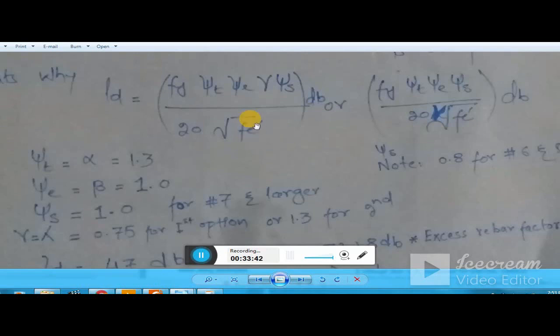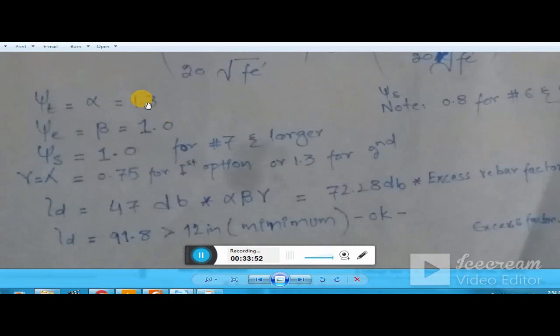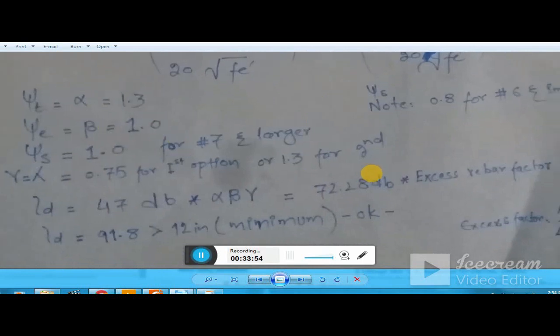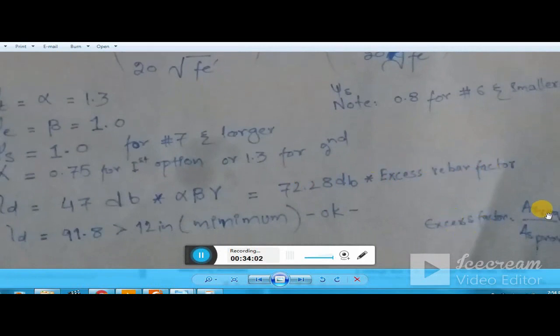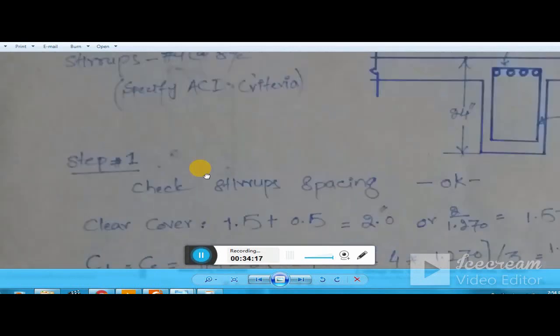Now you see, you have to insert fc prime 4 ksi, 4000. Make sure you put 4000. fy, that is 60,000, and you insert all the values which you see right here, and also use the accessory bar factor. The accessory bar factor is A required divided by A provided. So if A required is 1 square inch, then A provided is 10% more. I already explained this point in the beginning.